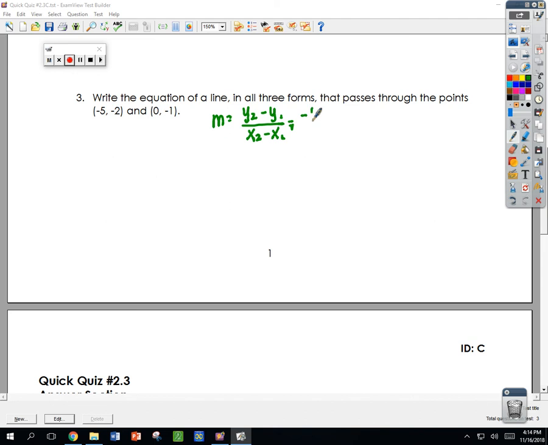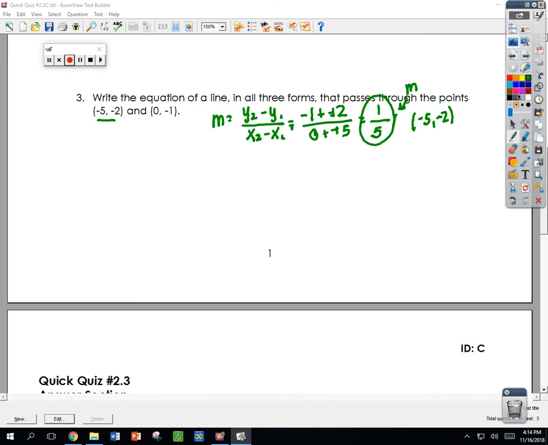So the slope is the y value minus the y value over the x value minus the x value. That's the same thing as plus, so it's positive 1, positive 5. So my slope is 1/5, and then you can pick any of the 2 points to use. So I'm just going to use this one. So I'm using m, that's my slope, and I'm using my point, negative 5, negative 2.